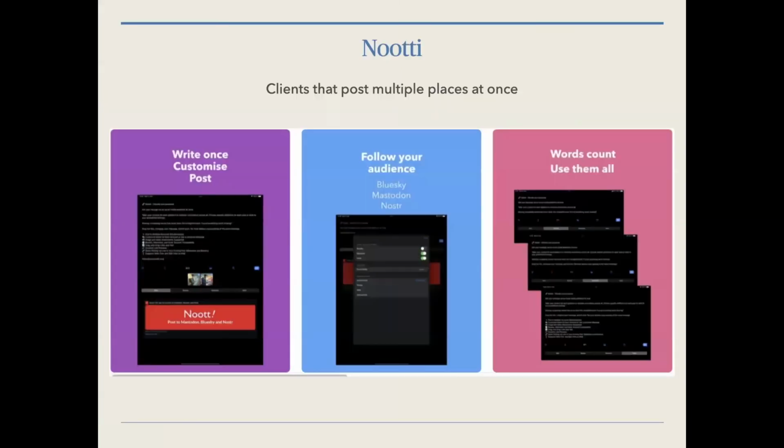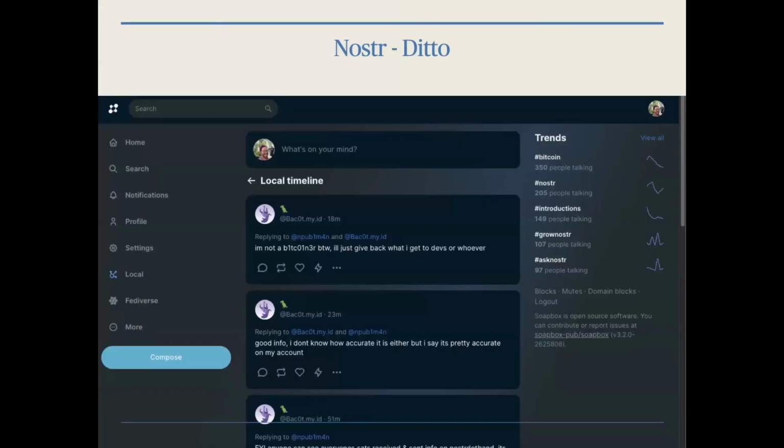There are also some apps like Nutty, which I think is either going to be demoed or was already demoed yesterday, where you can cross-post to multiple services. But the future that most Nostr folks are going toward is a service called Ditto, and Ditto gets us out of the single gateway.